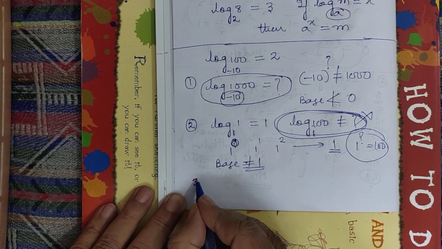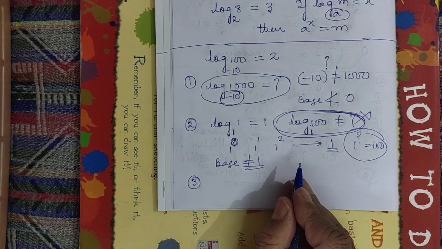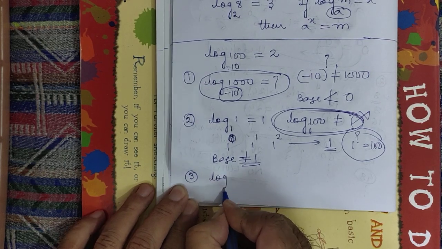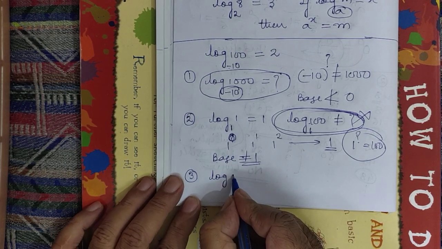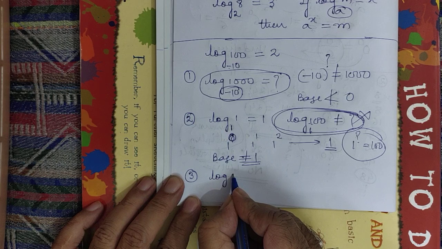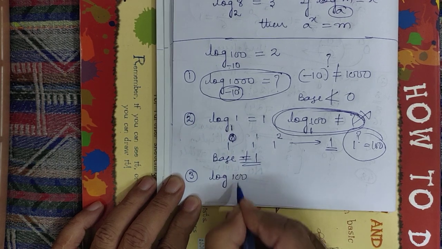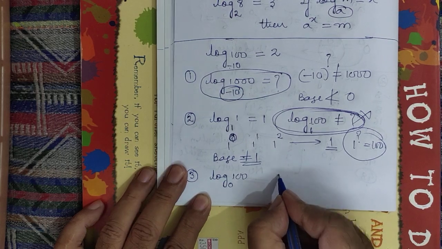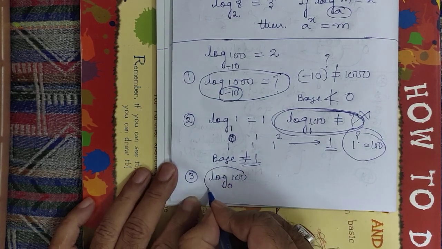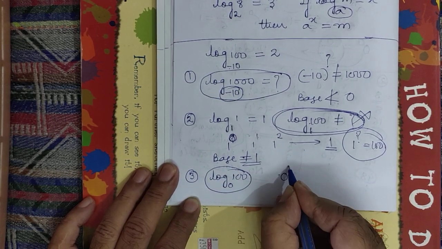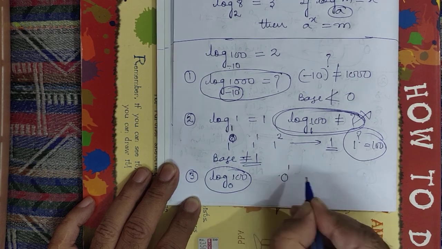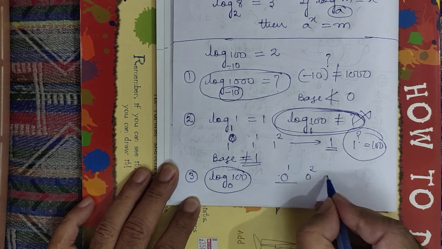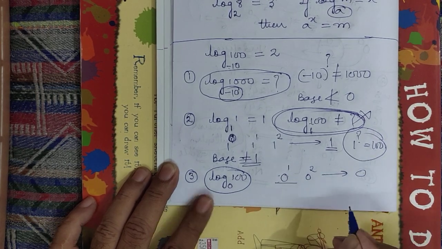Thirdly, if I say log of any number, say 100, base 0. If I want you to get the value, 0 to the power any number except 0, say 1 or 2, or any number you put except 0, the value is definitely 0.